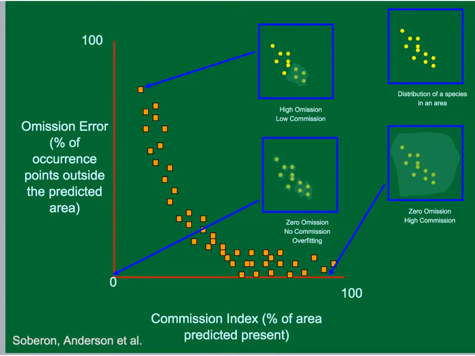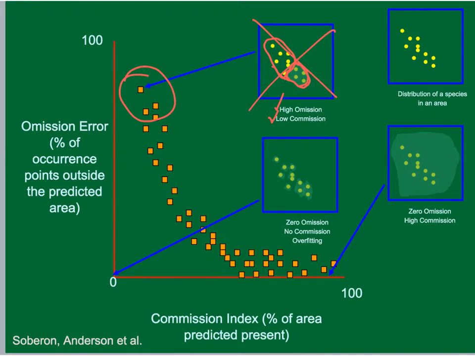So let's look at each of these scenarios, looking again at omission plotted against commission, like we saw in the previous slide. So in this top example here, we have very high omission, approximating or approaching 100%. And so you can see here, our model has done a very poor job of predicting our testing data, and it's left out more data than it's predicted. So we have a very high omission, we have a very low commission. And these don't make good models.